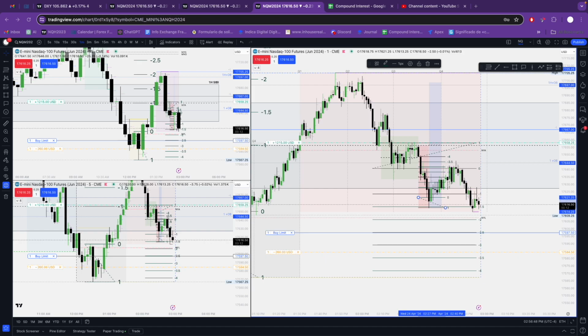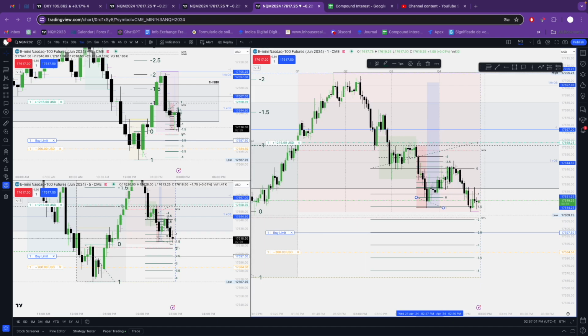Drill down to lower time frame and project OB. This will be a bullish OB. Project bullish OB for 2.5, confluence with high time frame OTE.